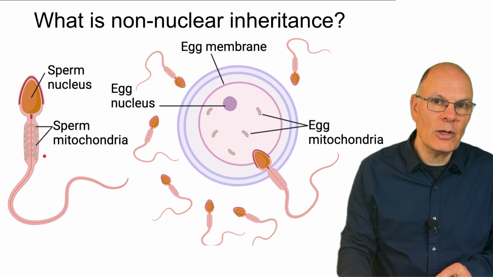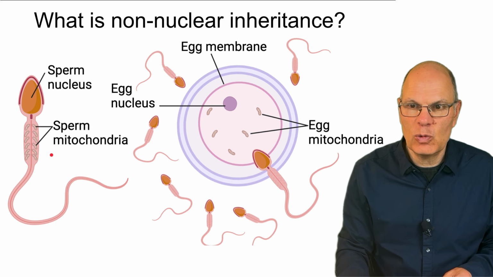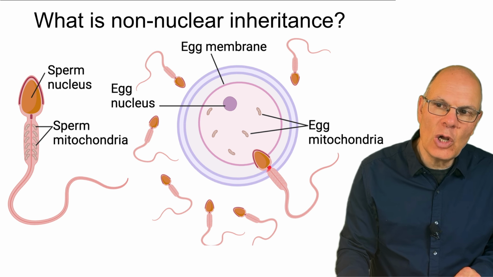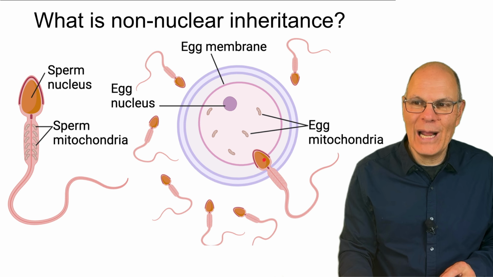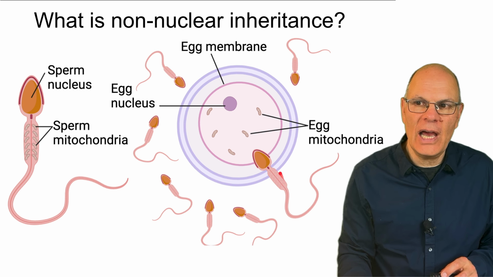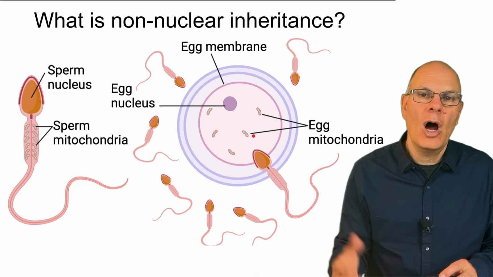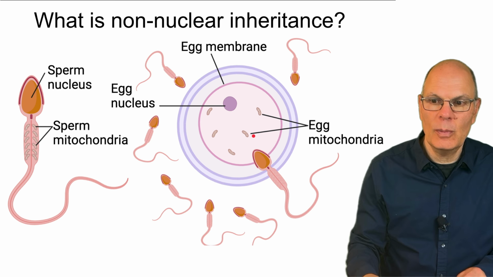Sperm have mitochondria. The mitochondria power the flagellum that enables the sperm to swim towards the ovum. But when there's fertilization, only the head of the sperm is allowed in through the egg membrane, and all of the mitochondria are left outside. So all of the mitochondria that get passed on to the offspring are mitochondria that were passed on through the female germ cell.